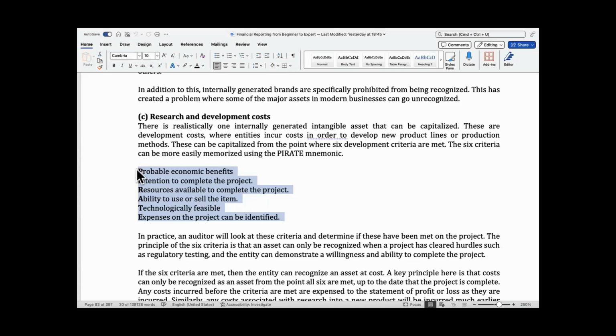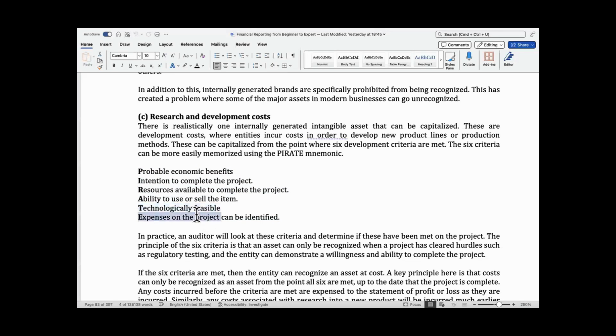So, it must be able to generate benefits. We must be able to complete the project. We must even have the resources to complete it. It must be something that when it's completed, we can use or sell. And is the technology available to complete it? And the expenses, the money we are spending, can we collate them together?